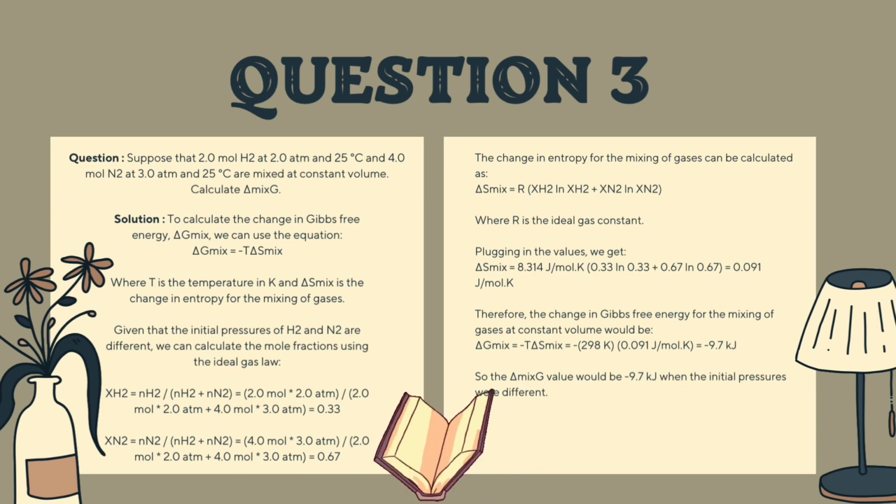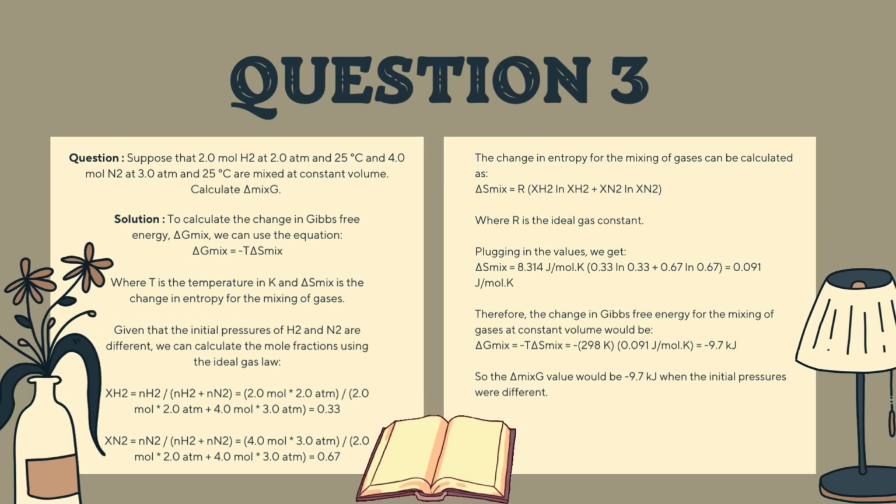Mole fractions of hydrogen gas and nitrogen gas were calculated using the ideal gas law formula, where the moles of hydrogen gas were divided by the moles of hydrogen gas plus the nitrogen gas. Same goes for the mole fraction of nitrogen gas. By using this formula, we got that the mole fraction of hydrogen gas is 0.33 and 0.67 for nitrogen gas.